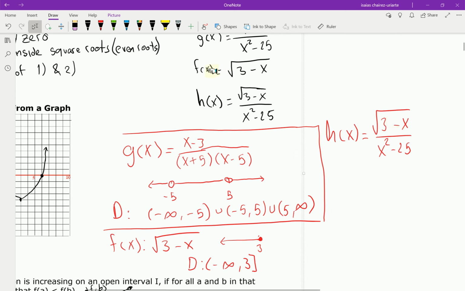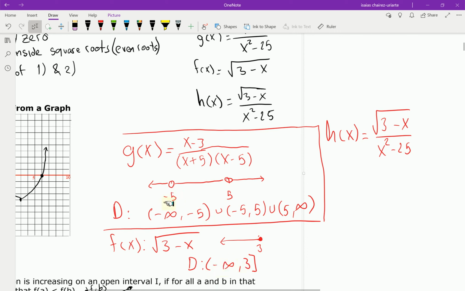So from f of x, we said that the domain of f of x, which was just the square root part, was from negative infinity to 3. Those values make the inside of the square root positive. But the number negative 5 lives in this interval, negative infinity to 3.